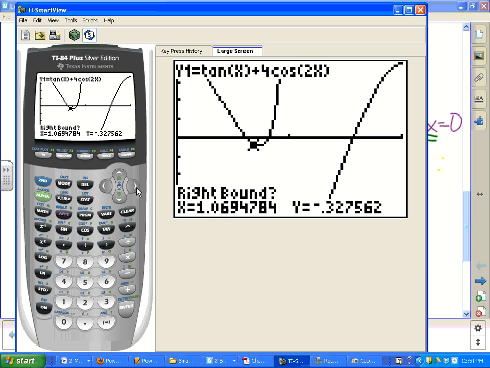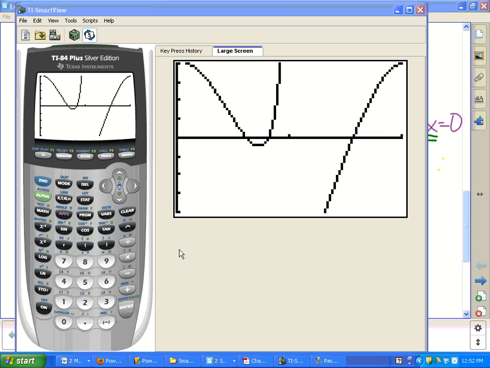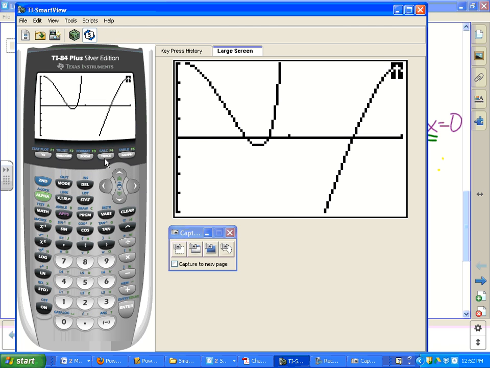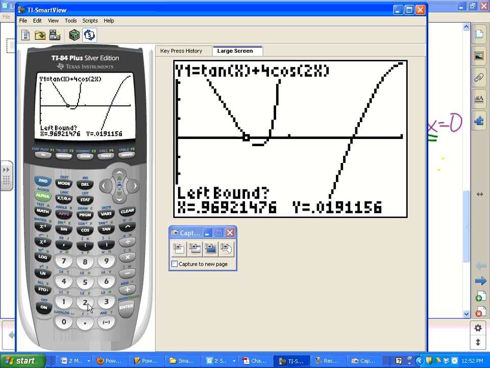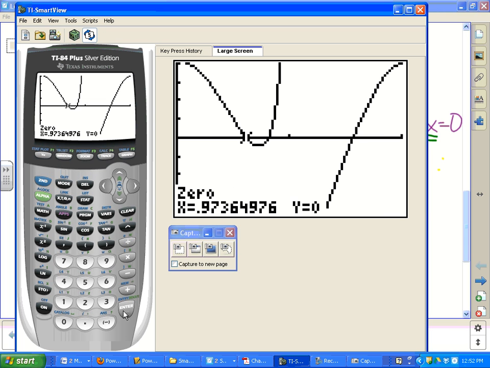Now this is a case where I'm not going to be able to just type in all my numbers. I'm going to have to go find that spot in here where it's a 0. Go to the left of the 0, go to the right of the 0, and my guess. So 0.974 should be the first one.